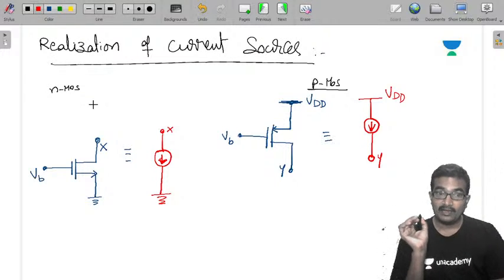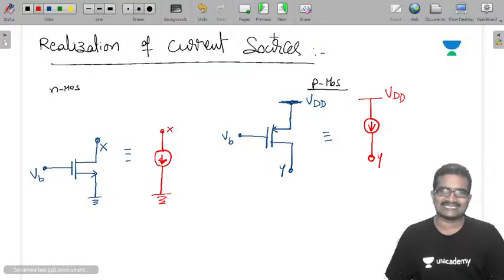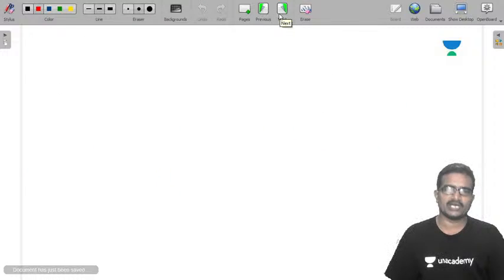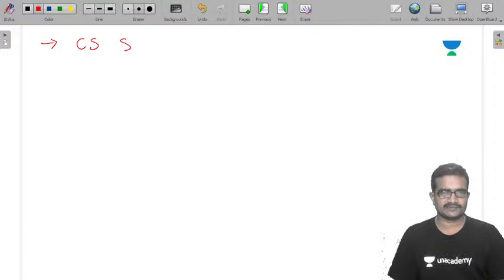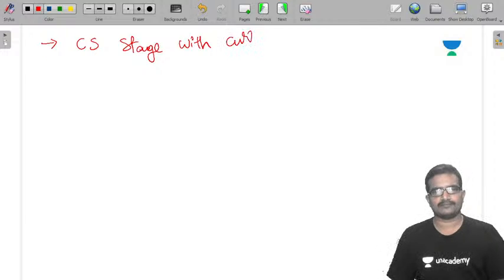Now I am going to use this as the load in a common source amplifier. I am replacing the load of your common source amplifier. Now it is a CS stage, common source stage with current source load.